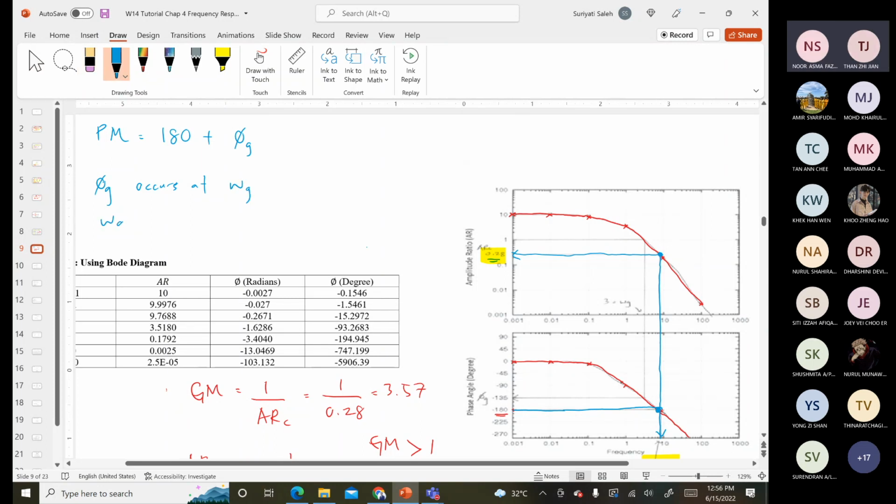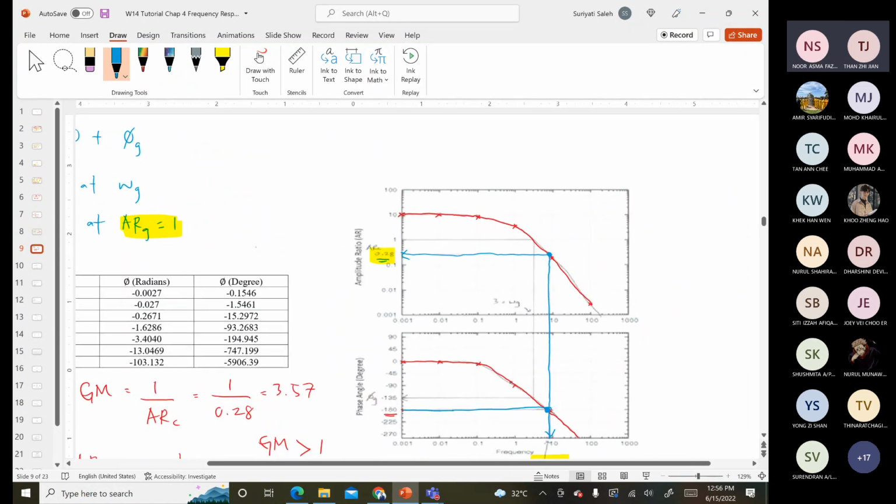WG occurs at AR G equal to 1. So this is fixed, meaning that the starting point should be AR G equal to 1. So we start finding the AR equal to 1 starting from here.